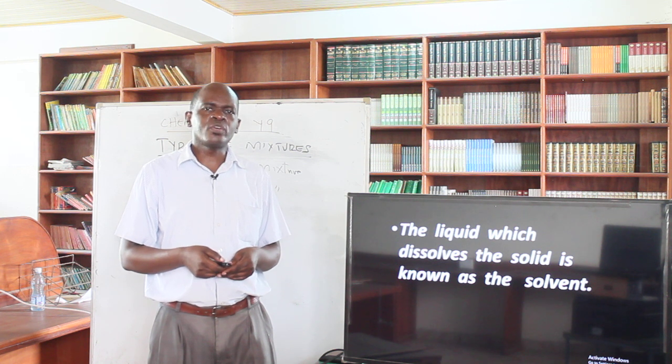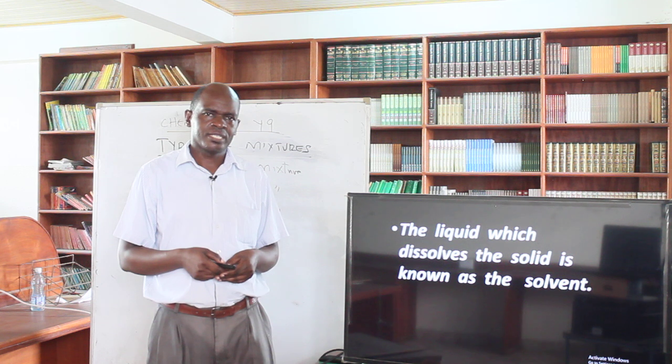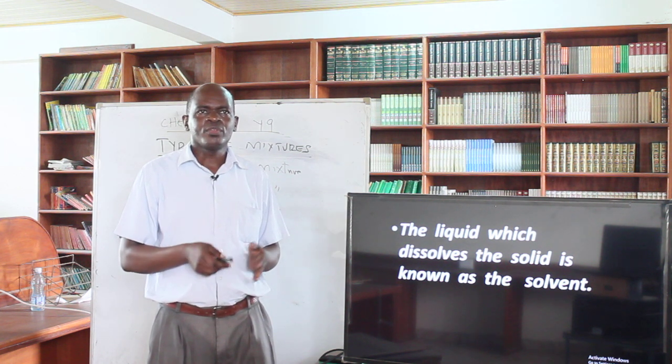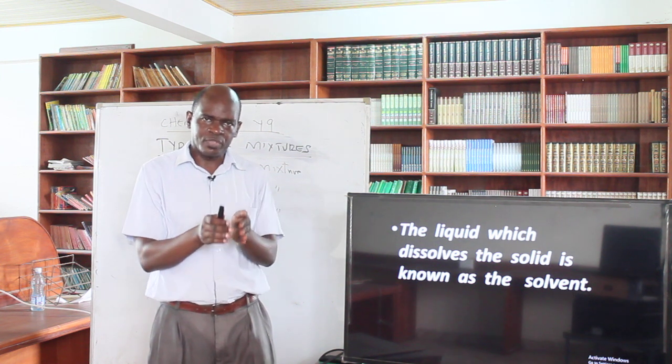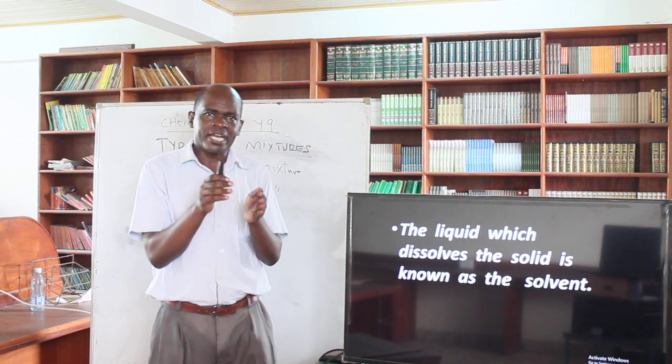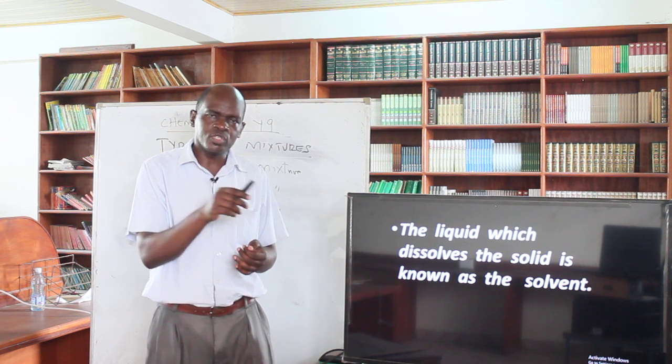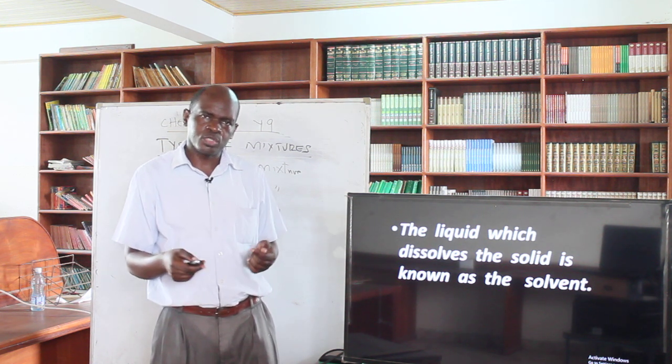Now, the liquid which dissolves the solid is known as the solvent. Tricky, we have the solid dissolving in the liquid, the solute. We have the mixture obtained once the solid dissolves into the liquid, known as a solution.